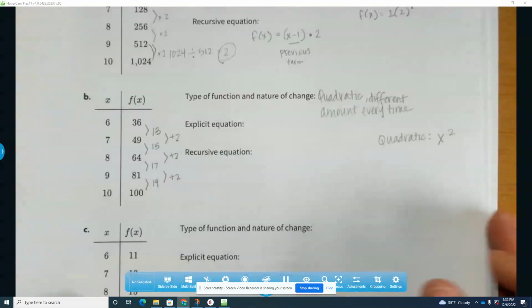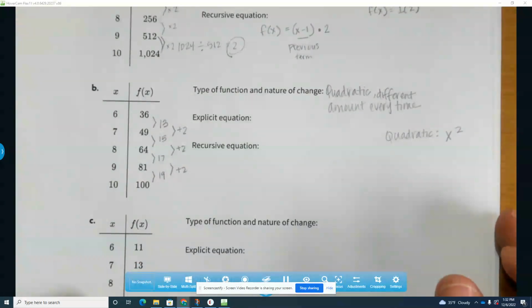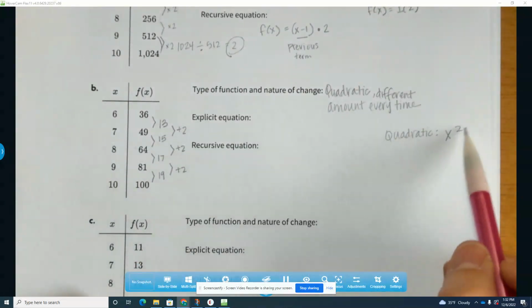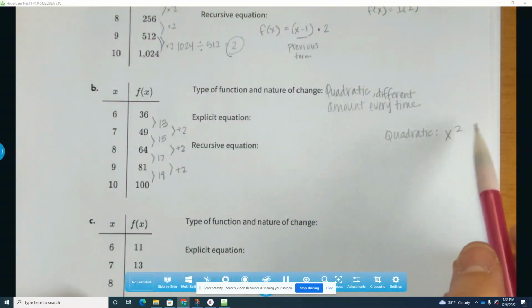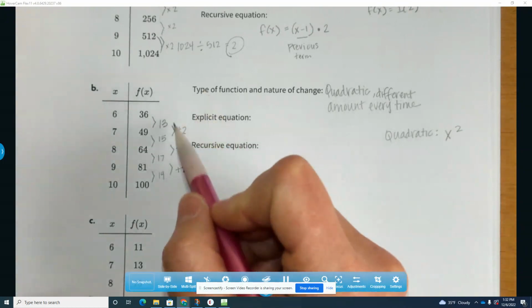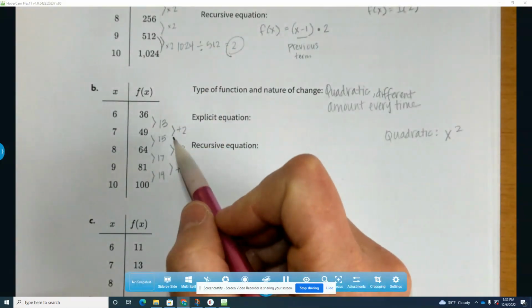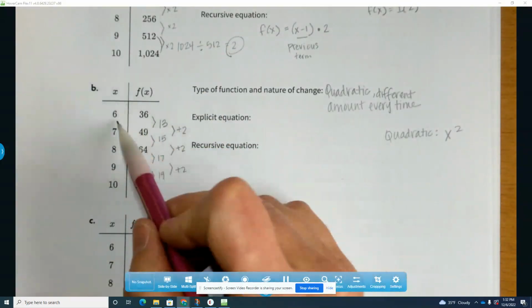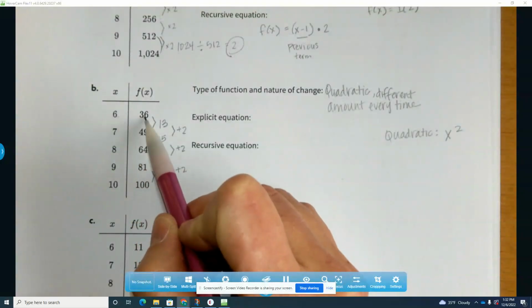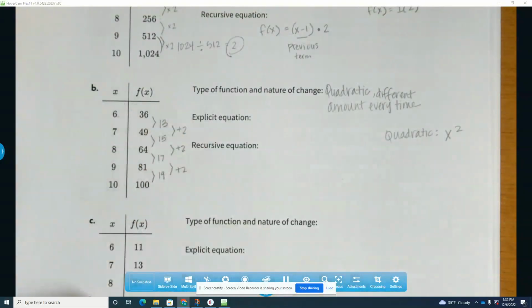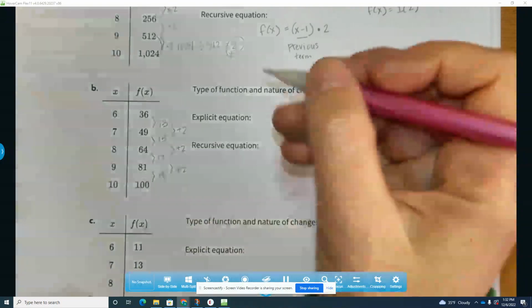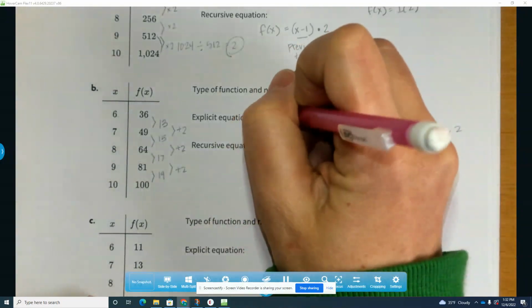Whether it's x squared or y squared or b squared or whatever, there's always going to be an exponent in there somewhere. Okay, so we can build our explicit by looking at the relationship between our x and our f of x.